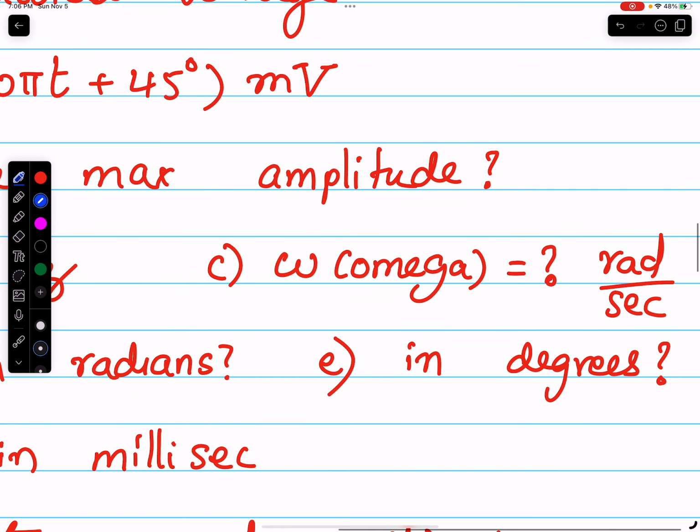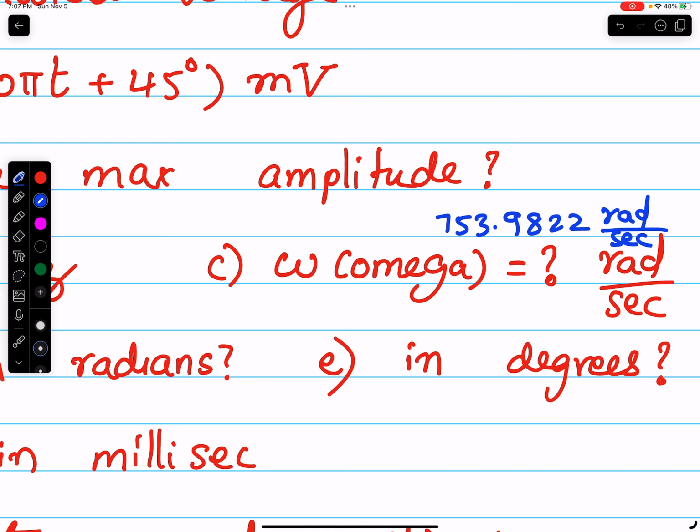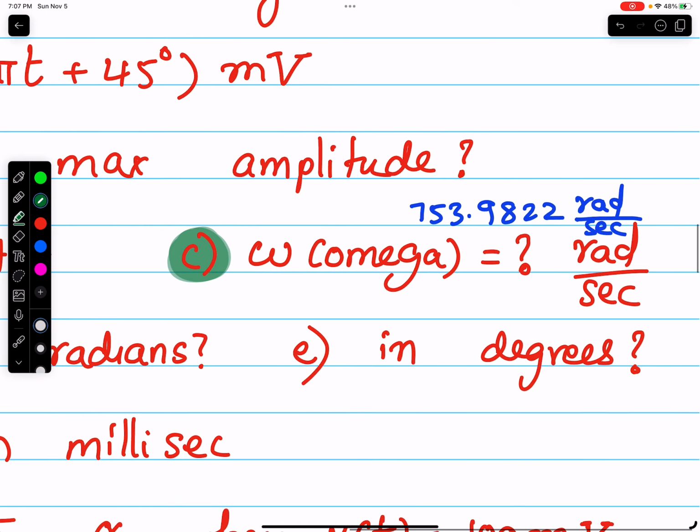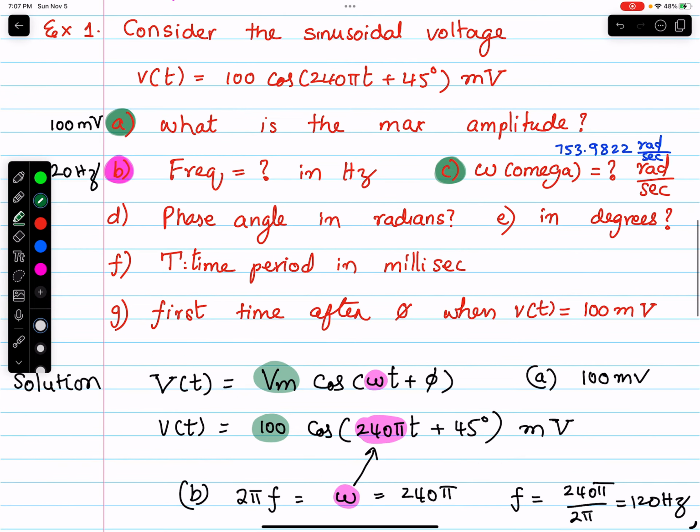So the answer here is 753.9822 radians per second. Okay, that's done as well. So you see, this problem goes by really quickly. Number C is done.